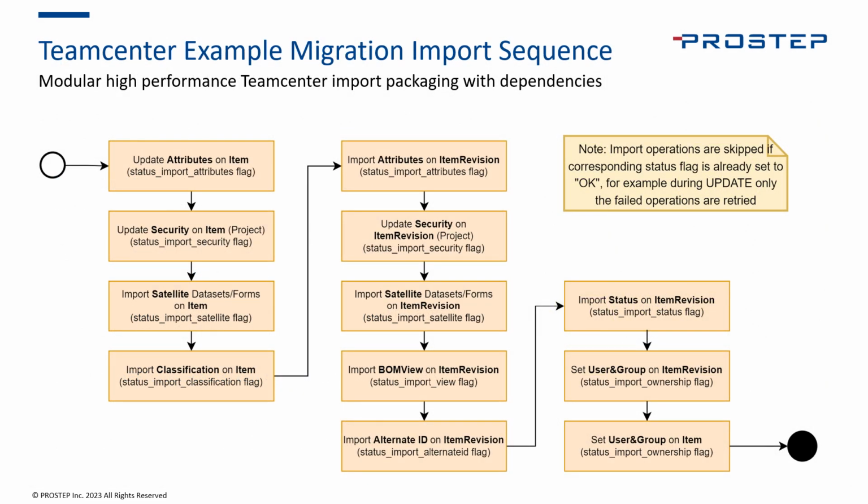Within OpenPDM Migrate, here's an example of a Teamcenter import sequence. And what you would do is functionally break these down so that you could execute in bulk updates to a process to ensure that the dependencies are then available for any of the items.